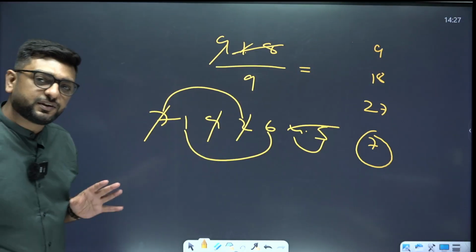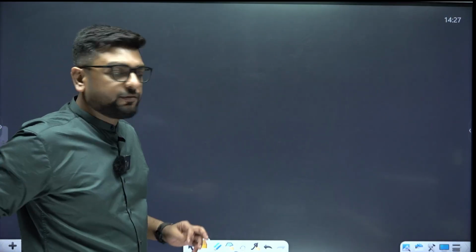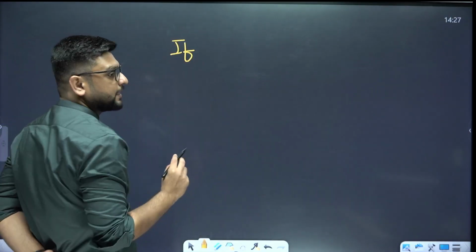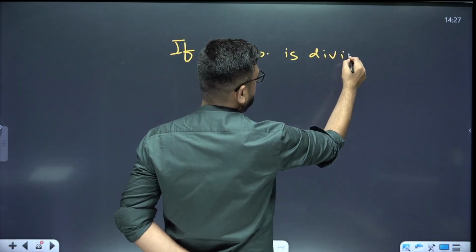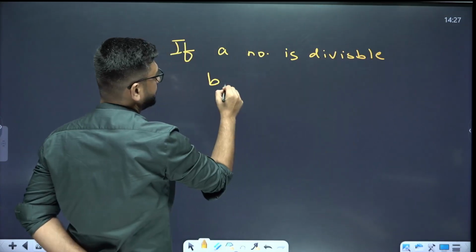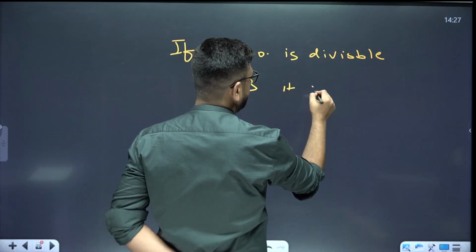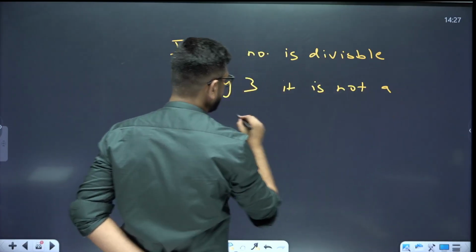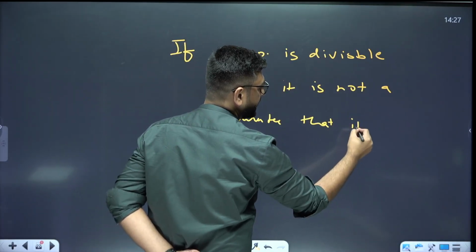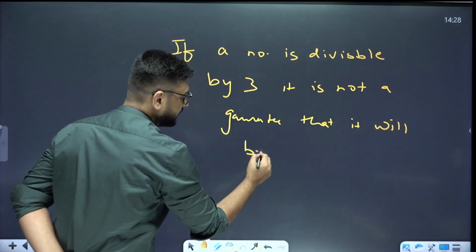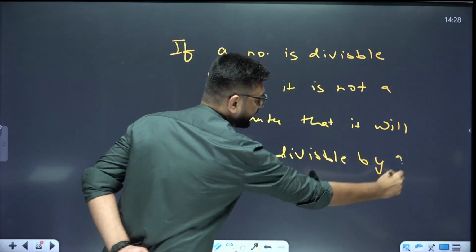So have I observed something? I have observed that if a number is divisible by 3, it is not a guarantee that it will be divisible by 9.